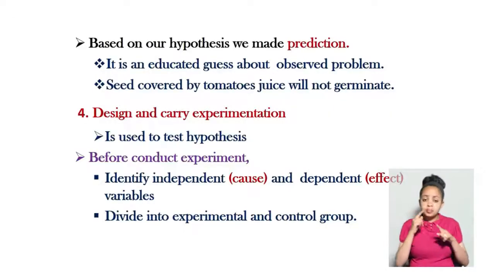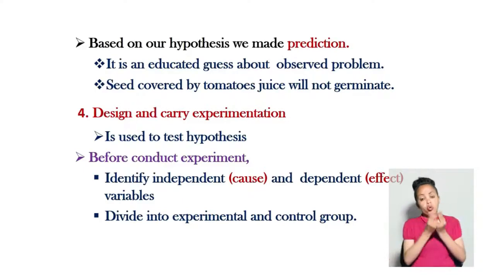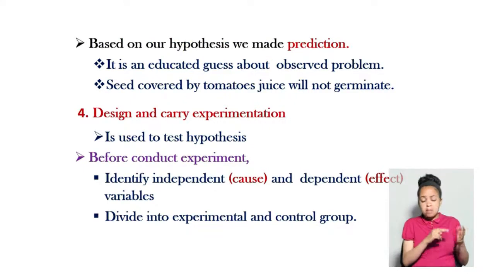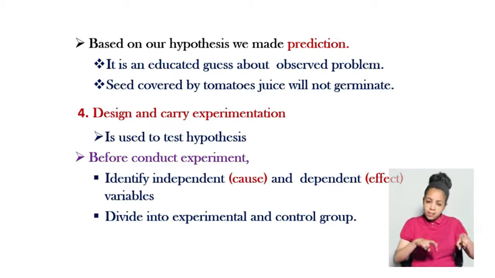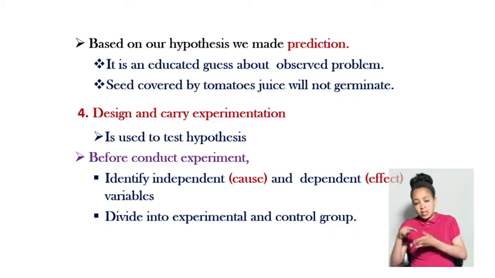Again, we must identify the experimental group, and the control group that we compare with. An independent variable is a variable that an experimenter brings under experimentation. The dependent variable is a variable obtained as a result of change in the independent variable.